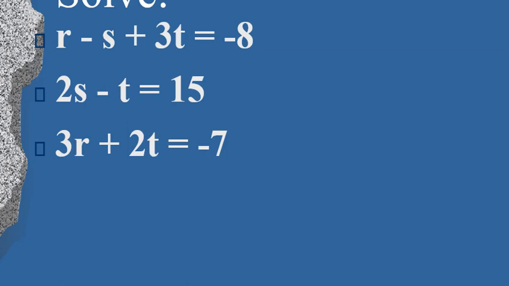Okay, equation 3, how many T's are there? 2. Okay, now we know that this is R, S, and T. That's our variable. And then our last one, our constant, we're just going to list it from the top to the bottom. So we got -8, 15, and -7. Okay?